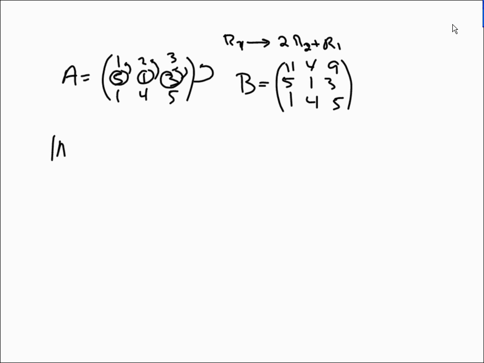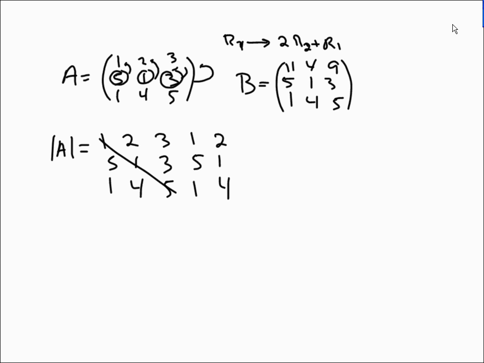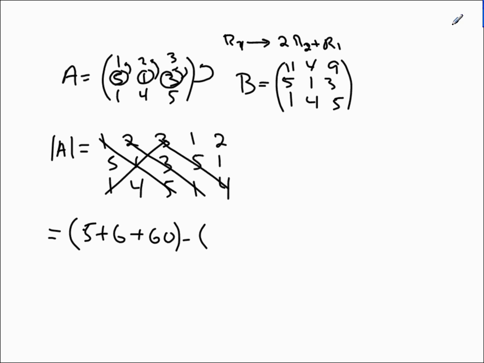The determinant of A is a matter of just using what I call the spaghetti method on these 15 numbers. This product is 5, this product is 6, the next product is 60, minus this product is 3, the next product, that one is 12, this one is 50.